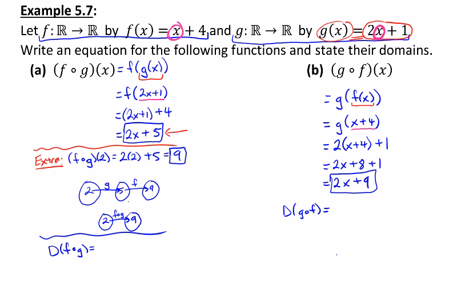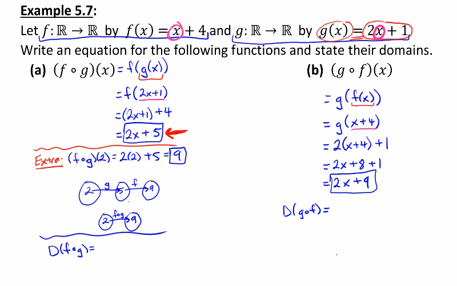By strange, I mean is there any potential dividing by 0? Is there any square rooting going on? If I look at the part A result, 2x plus 5, all I see is a multiplication and an addition. I don't see any division or square rooting. So that would imply that the domain should be all real numbers.